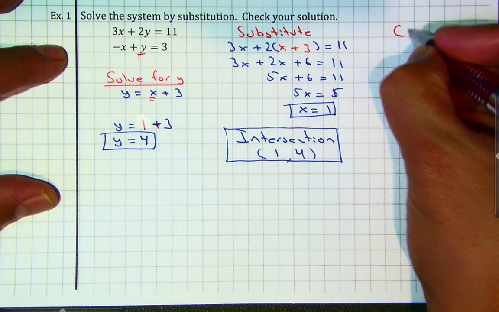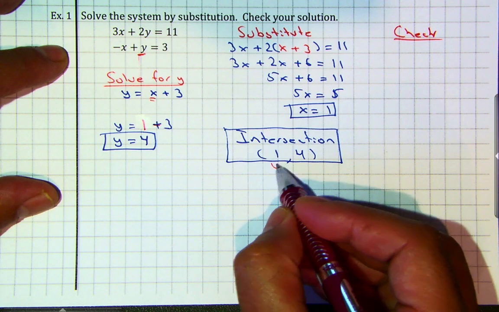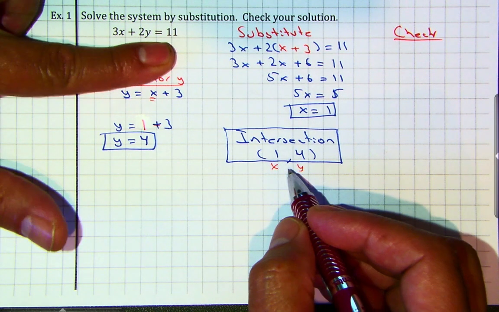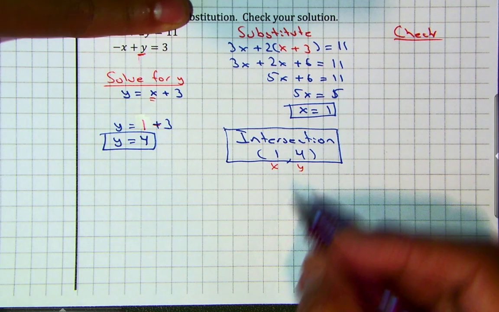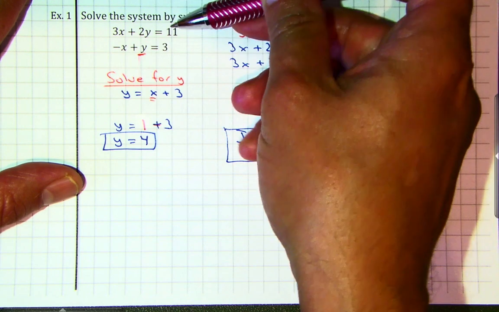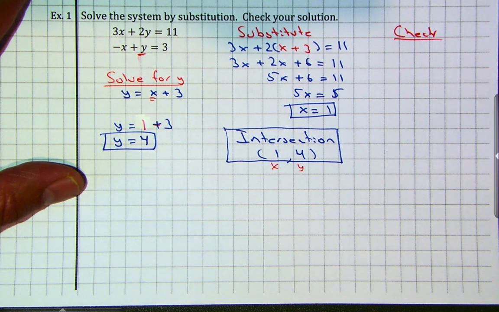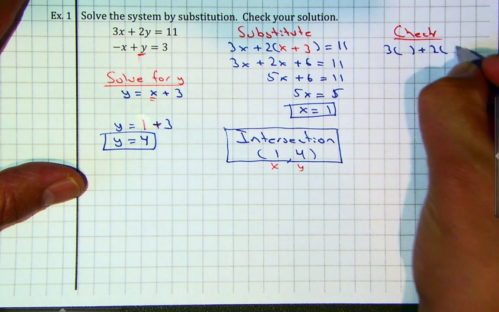So let's go and check. We're going to plug x and y into the first equation, which should give me a true statement. I'm going to plug it into the second equation and it should give me a true statement. So this solution should be a solution for both lines, for both equations. So let's check the first one. To check, it's a very quick process.